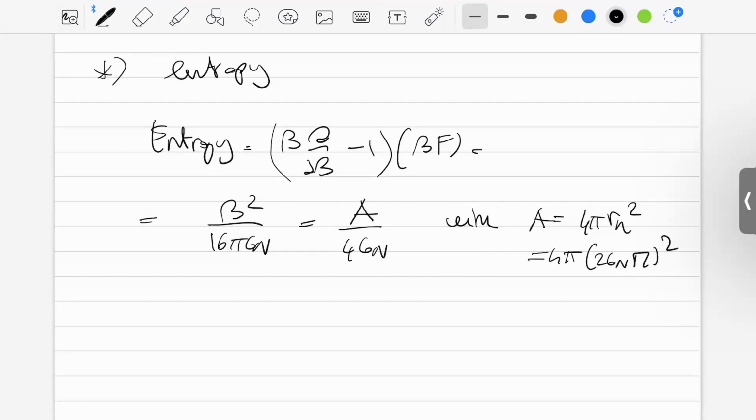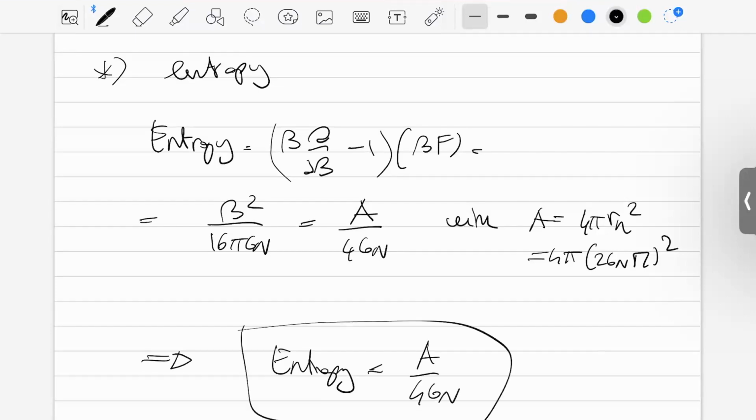So we recovered this very famous result of Bekenstein and Hawking, namely that the entropy does not scale with the volume of the black hole as one could think, but rather it depends on the surface of the black hole, so the surface of the event horizon.